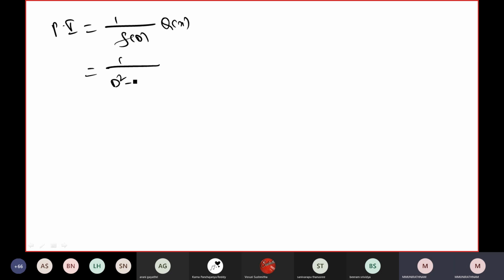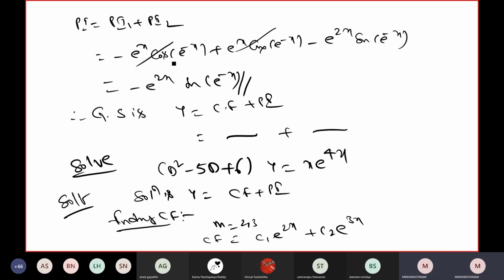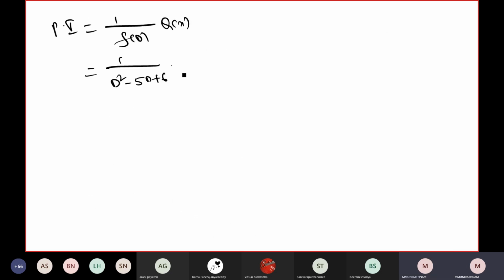So d square minus 5d plus 6 into y, what is q of x we have? x e power 4x. So this we write as d minus 3 into d minus 2, as we know that x e power 4x.